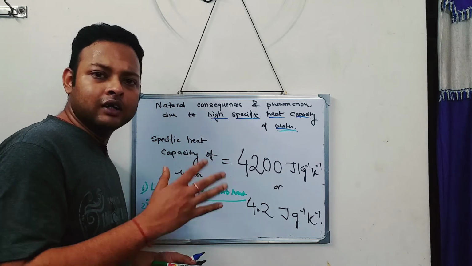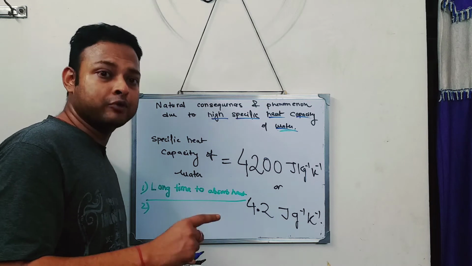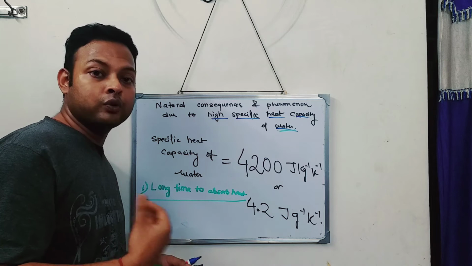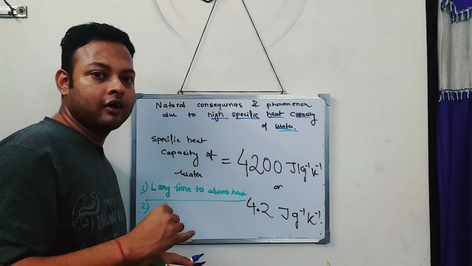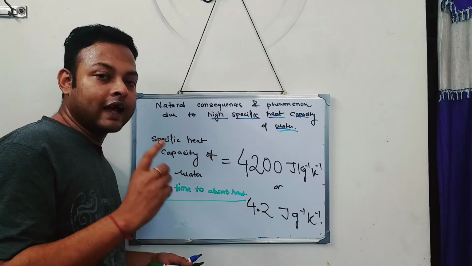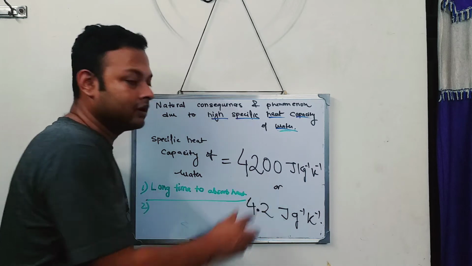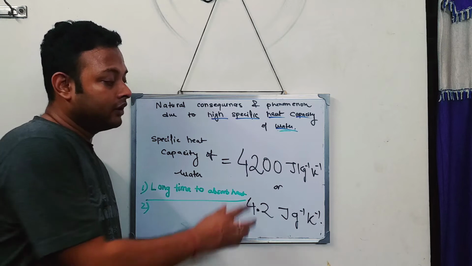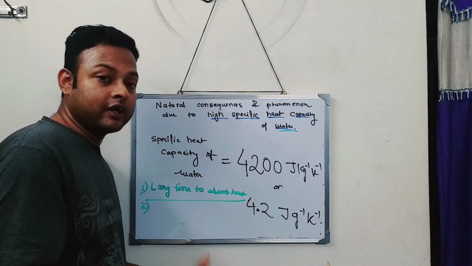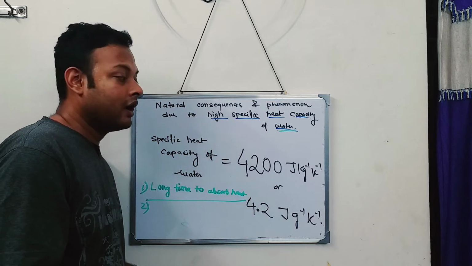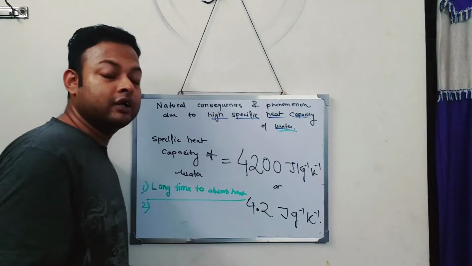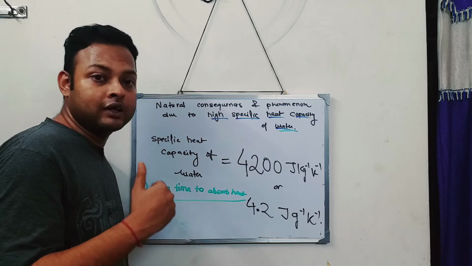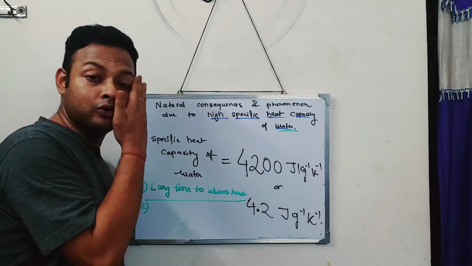It will release all the heat that it has absorbed. In the morning, whatever heat it had absorbed, it will try to release. Now tell me, can it release this amount of heat very fast? This is a very high quantity of heat, and this large value of heat cannot be released so fast. It will take a long time for the water to cool down.